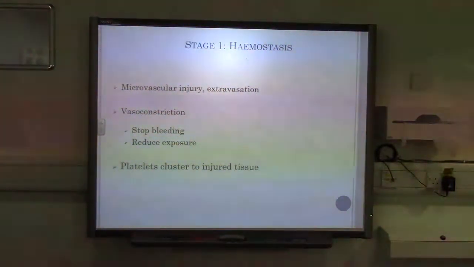At this point, the platelets also cluster to the injured cell, and these platelets secrete cytokines to attract all of the other cells that are required for wound healing. This will include your fibroblasts, endothelial cells, and immune cells, and it initiates the next stage of events. Platelet aggregation is very important in order to stop that bleeding and protect our bodies whenever a wound occurs.